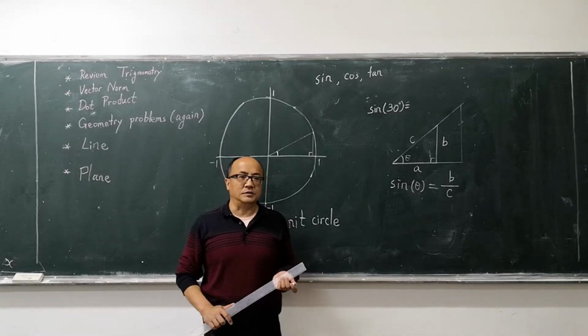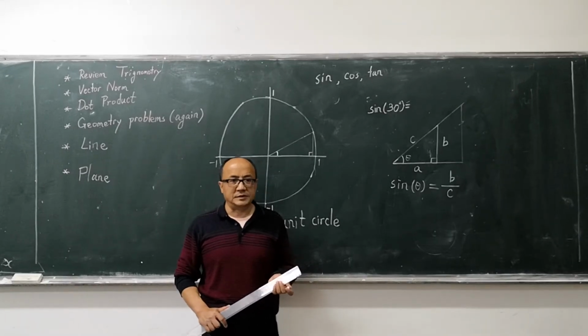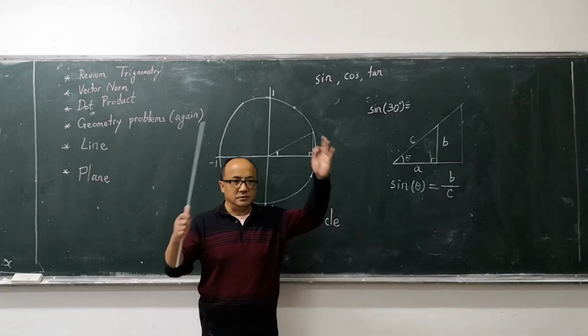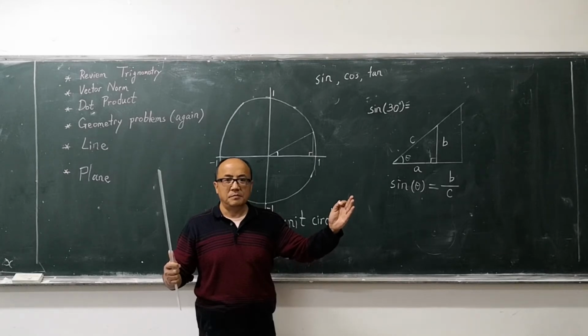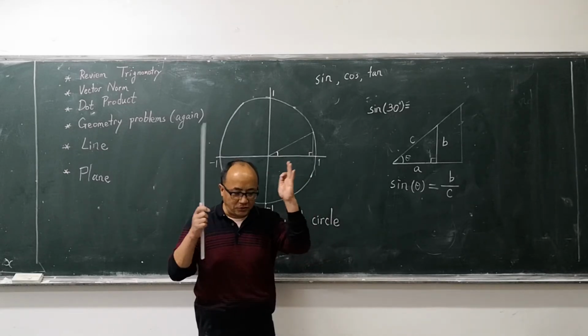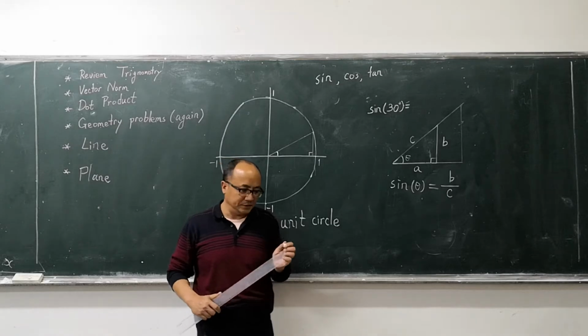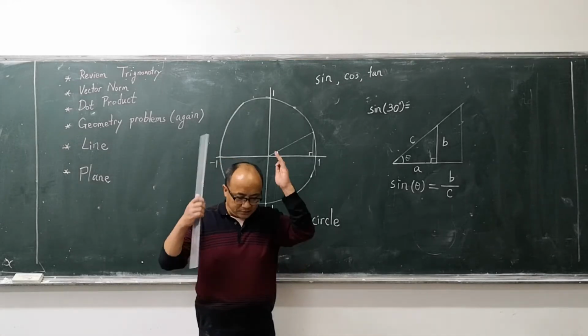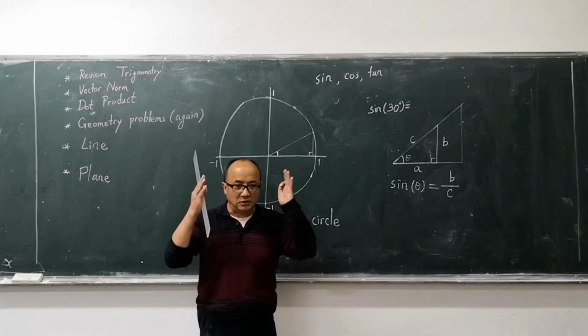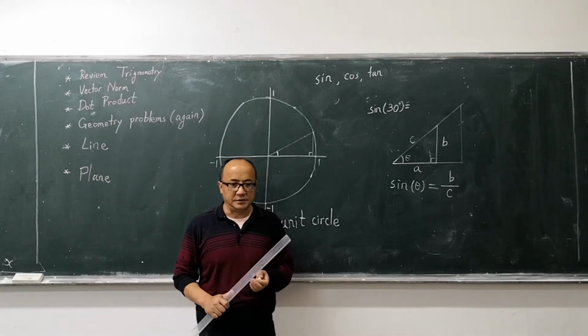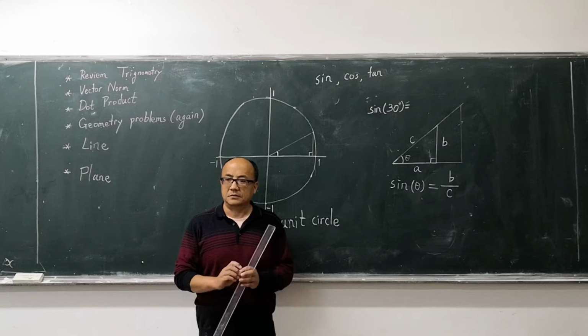Why is ratio so important? Because when we see somebody and say, oh, beautiful, why is that beautiful? Because the ratio is just right, everything, the figure is right.